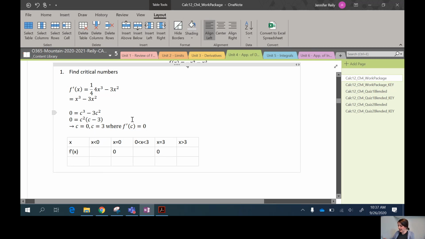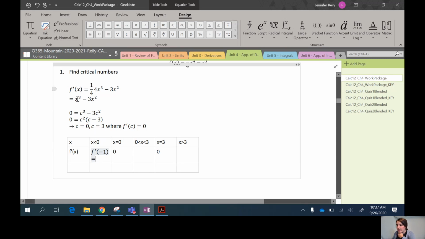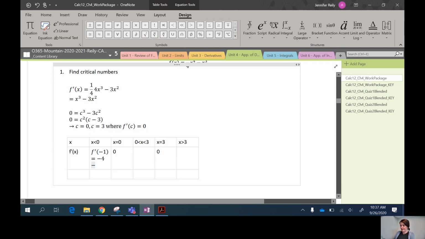If you plug -1 into f prime, I get -1 cubed, which is -1, minus 3 times -1 squared. So I get -4. That means all the derivatives less than 0 are also going to be negative. I don't really care what the actual value is. I just care that it's negative.